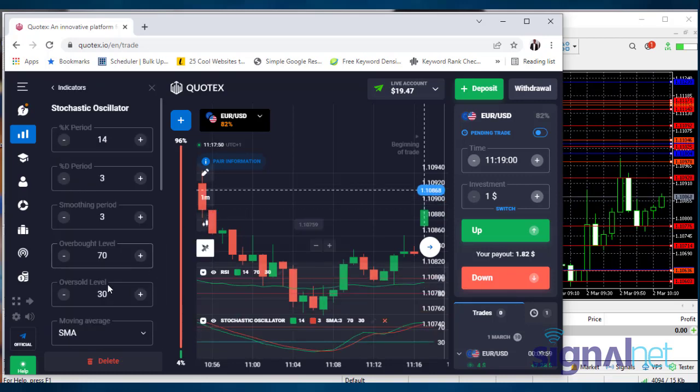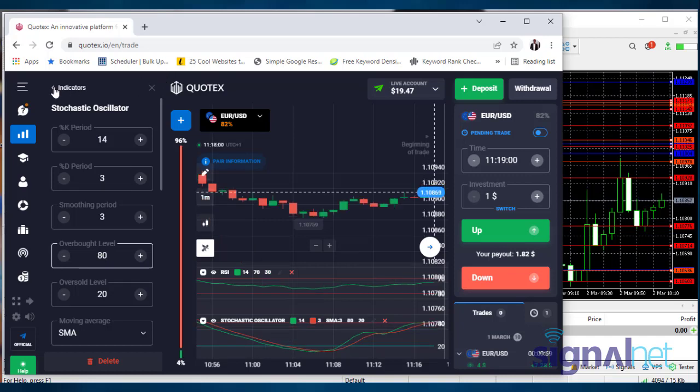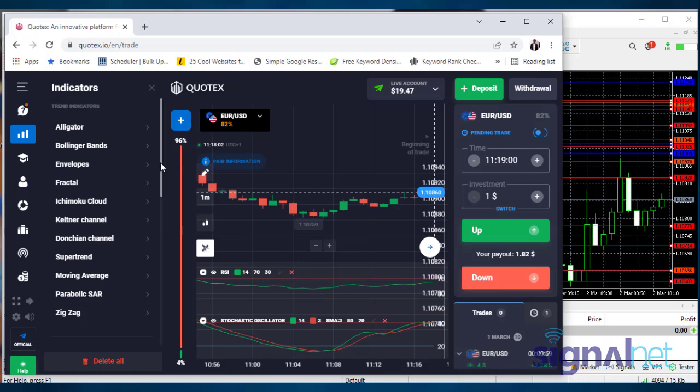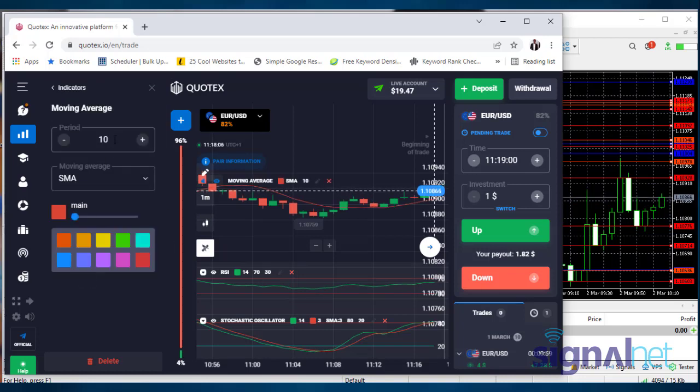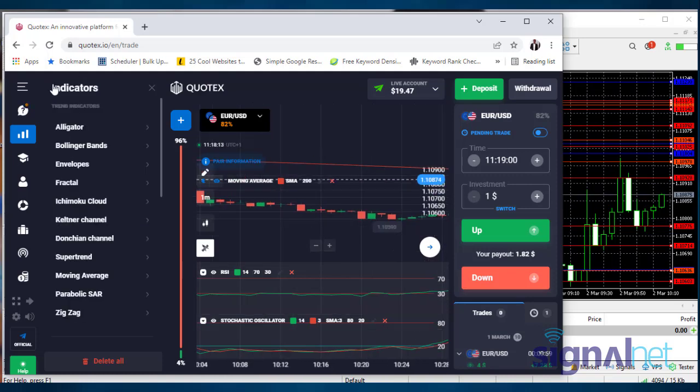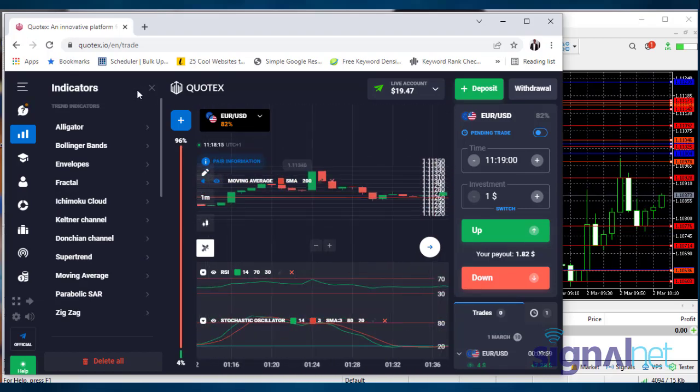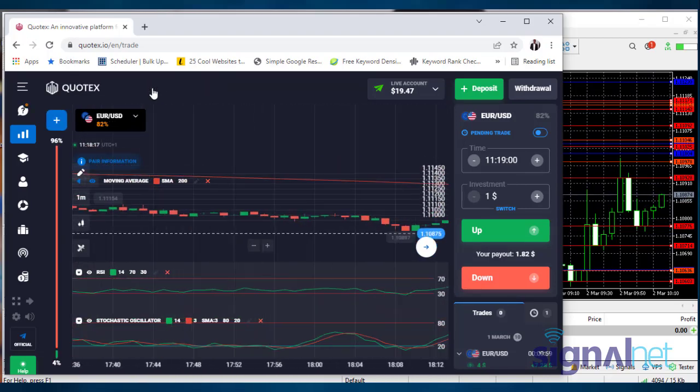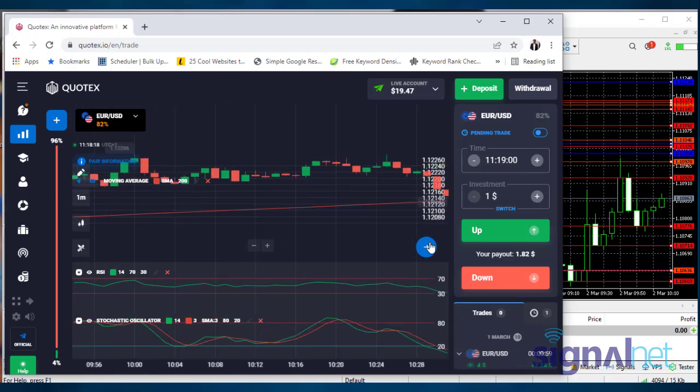I just change the stochastic oscillator to 20 and 80, and I look for when both of them are in the same overbought or oversold. I also use a moving average too. Most of the time I just use 200 in the moving average. So that is that.